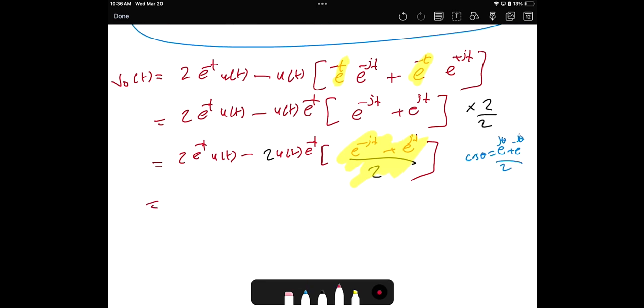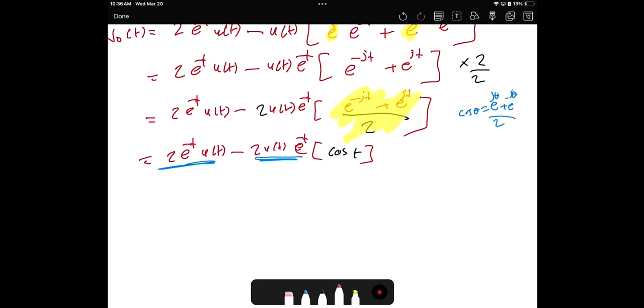Then it will be 2 e power negative 2 u of t minus 2 u of t e power negative t, then times cosine t. Okay? Again, I can simplify more. Because we have here 2 e power negative 2t, e power negative t u of t, I'm going to take it as a factor.